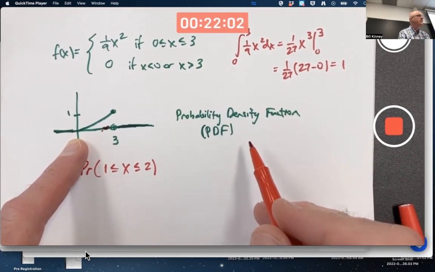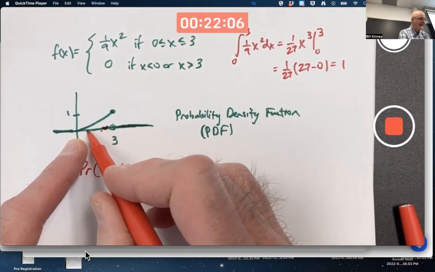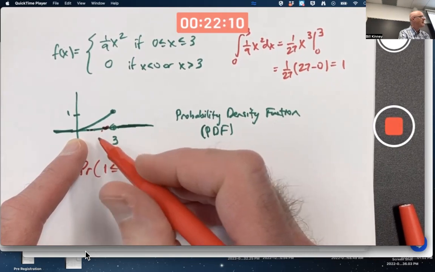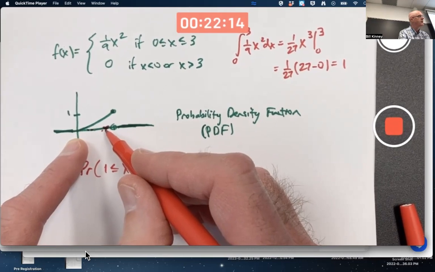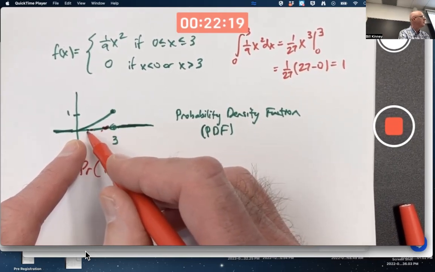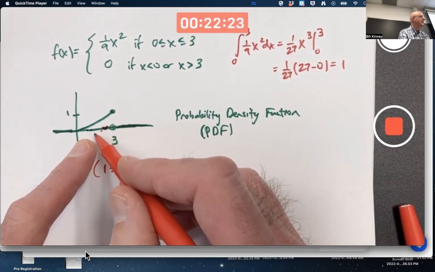The data are denser where the graph is higher and less dense where the graph is lower. This is modeling a situation where your data is clustering close to 3 without going over 3. Most of the data is near 3, very little is near 0. And between 1 and 2, there's an intermediate amount of data.